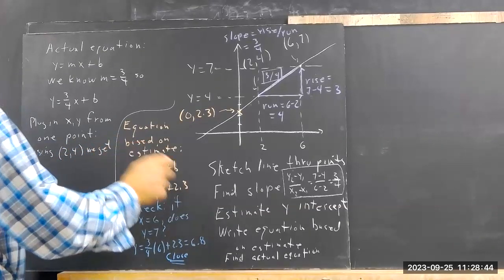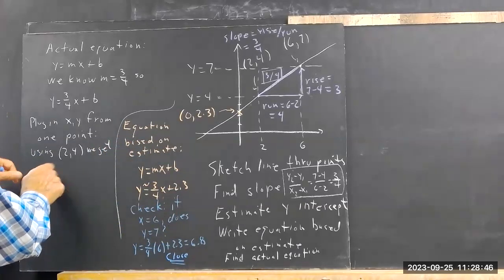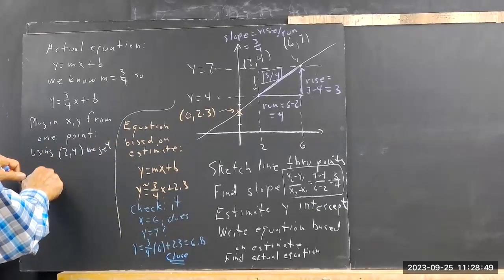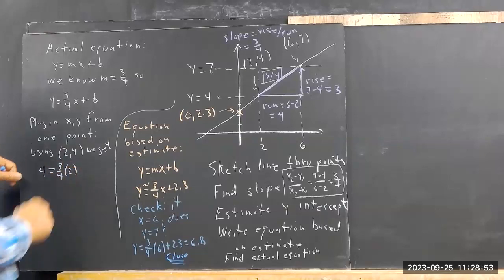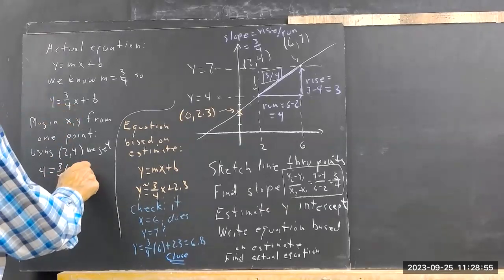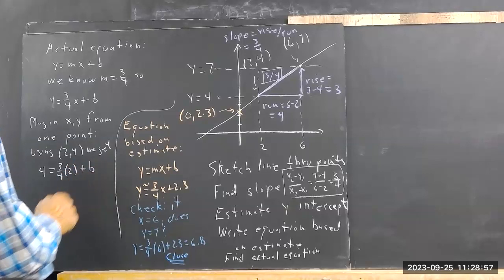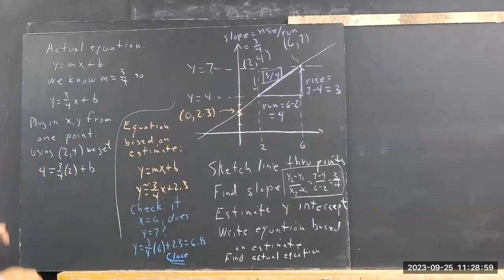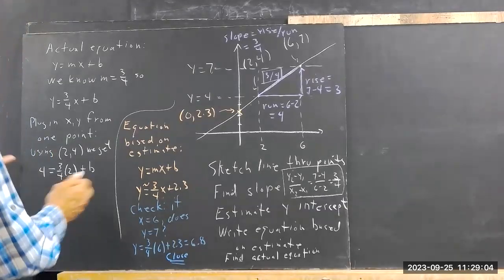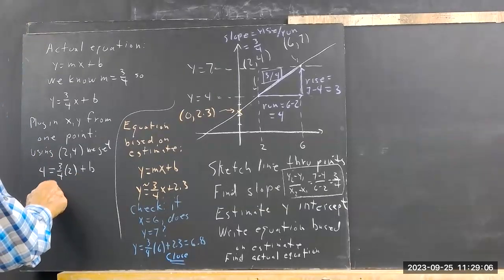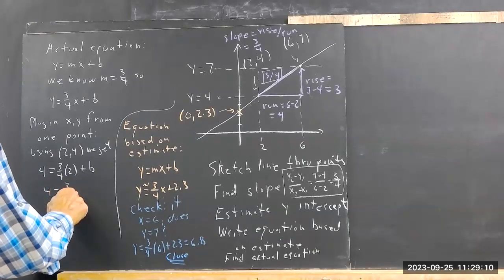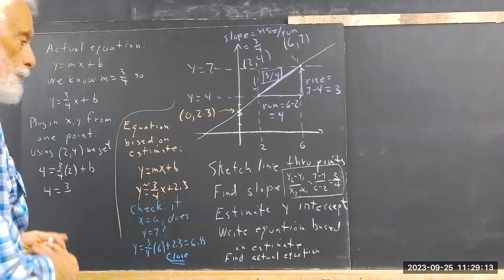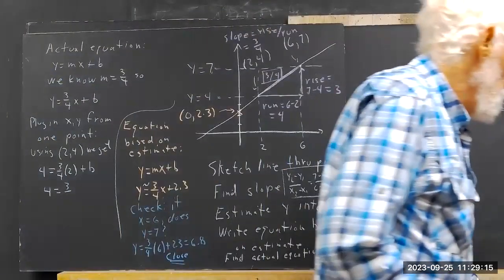If we use 2, 4, what do we get? We get y equals 4 and x equals 2. So we plug those numbers in. And we have an equation we can easily solve for b. Actually, I'm not going to do it this way.